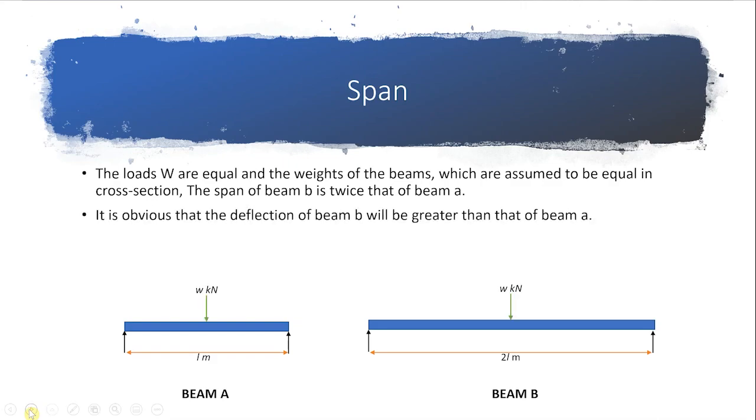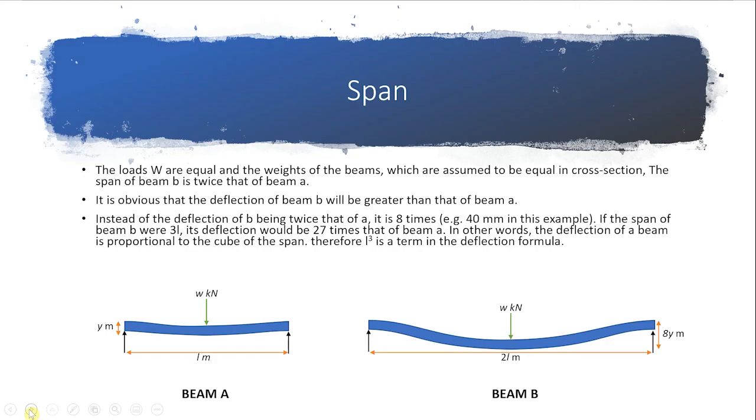It is obvious that the deflection of beam B will be greater than that of beam A. So logically, the longer the beam, the greater the deflection. Instead of the deflection of beam B being twice of A, if you see the length becoming longer, it does not become twice. The deflection will become 8 times compared to when the length is L meter, even though here the length is only double of L meter.